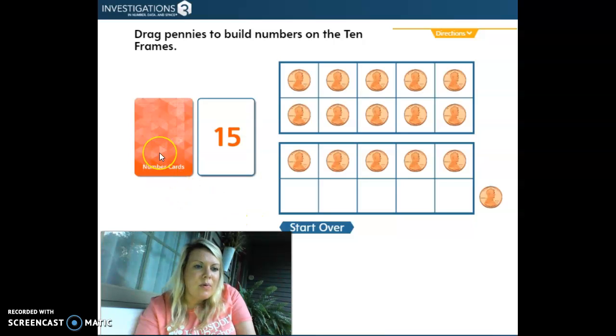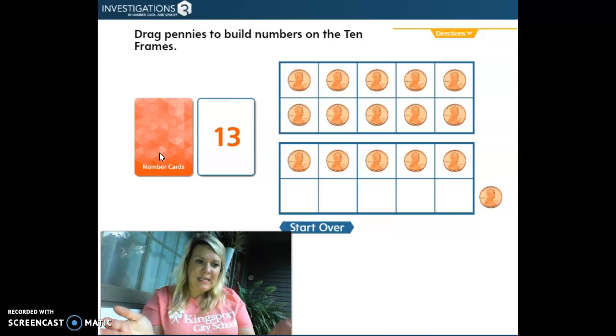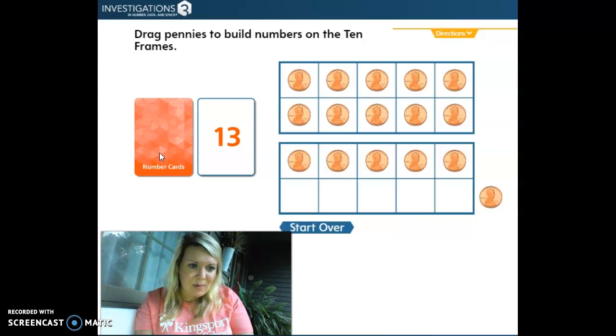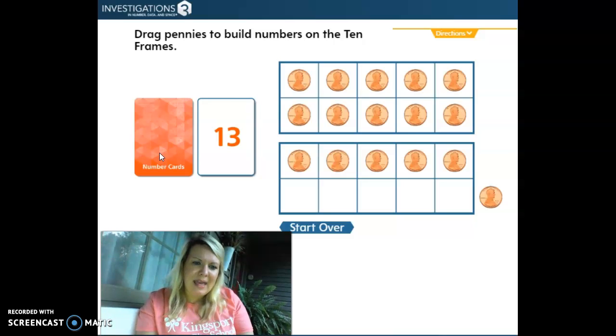Now, what if I wanted to keep my number 15 there? Oh, I want to build the number 13 now. So here's the number 15. I'm not going to take all of those pennies away to show the number 13, am I? How many pennies do you think we need to take away to make 13?